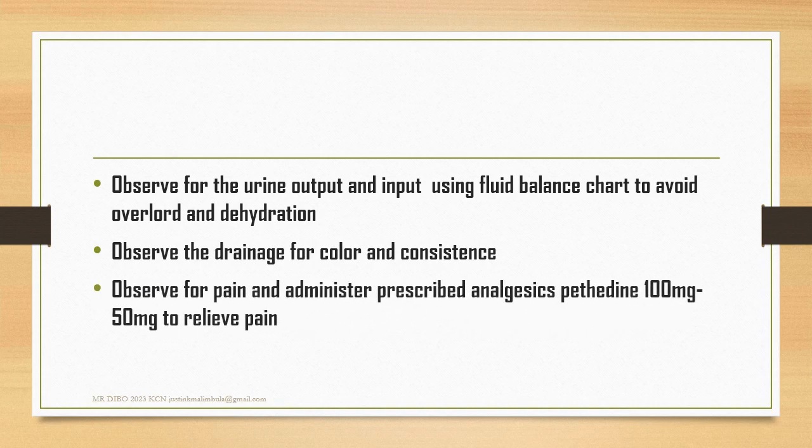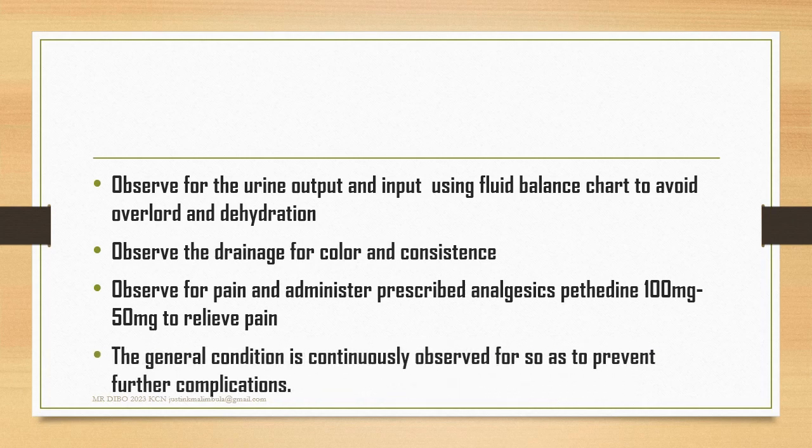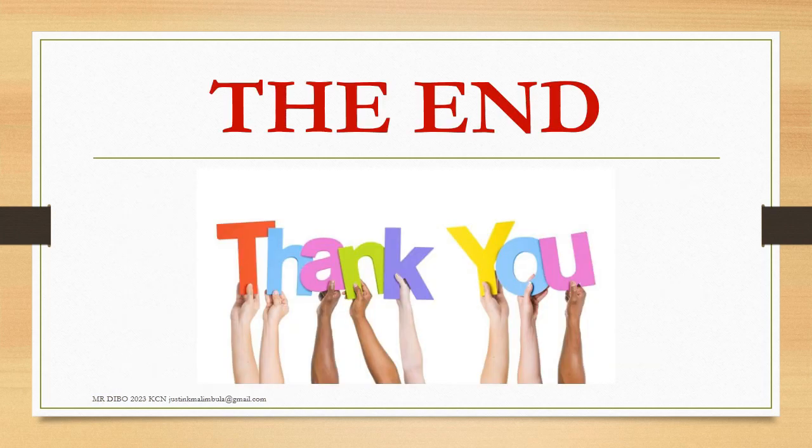So then from there, observe for urine output and input using the fluid balance chart to avoid underload or dehydration. Then observe for drainage, for color also, and the consistency. Then make sure that you also observe for pain and administer prescribed painkillers, for example, pethidine. Very, very important. Then the general condition is continuously observed so as to prevent further complication.